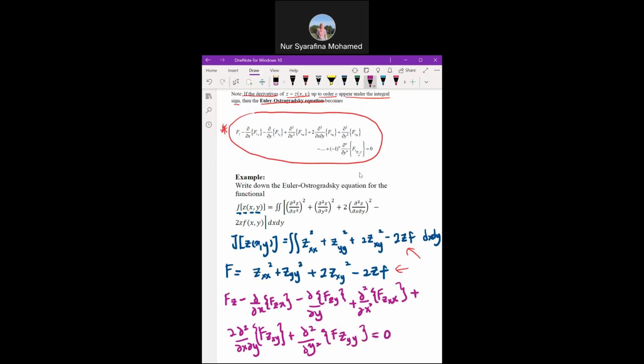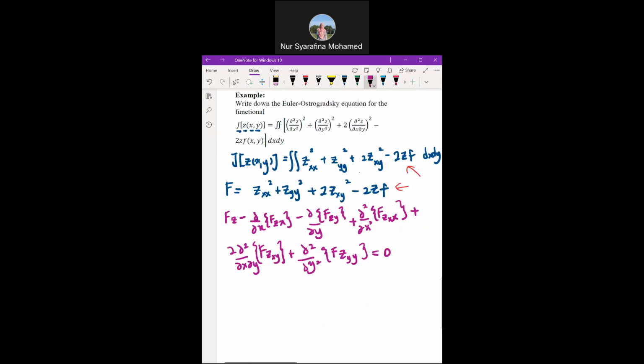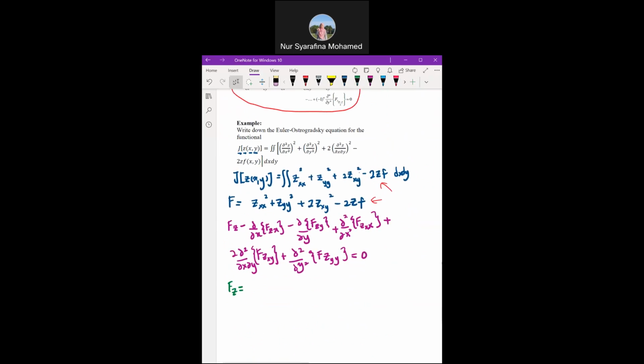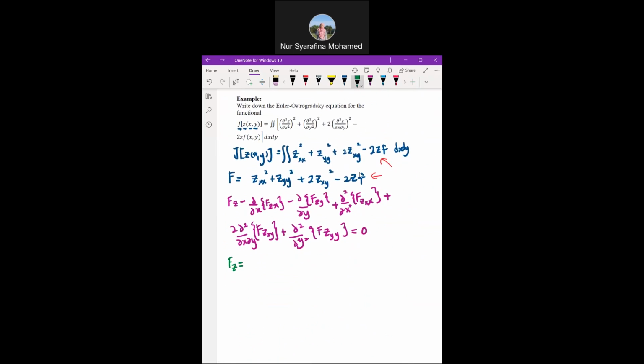So according to this Euler-Ostrogradski equation, we identify what our fz is. Looking at our f there, we differentiate f with respect to z. What is our fz? Which is negative 2f. What is our fzx? There is no zx, equals 0.